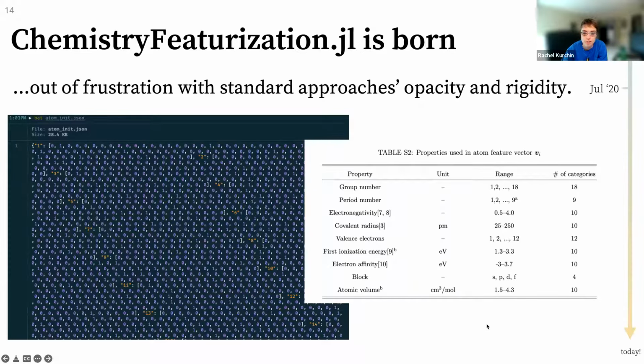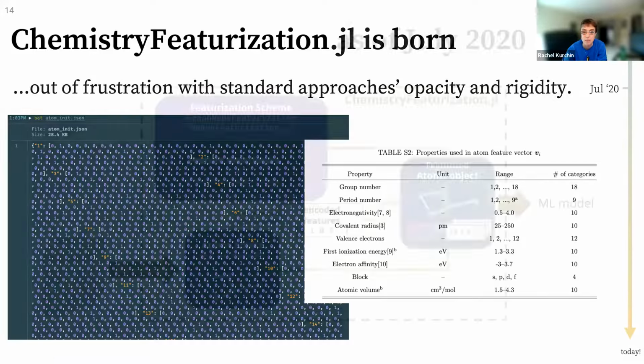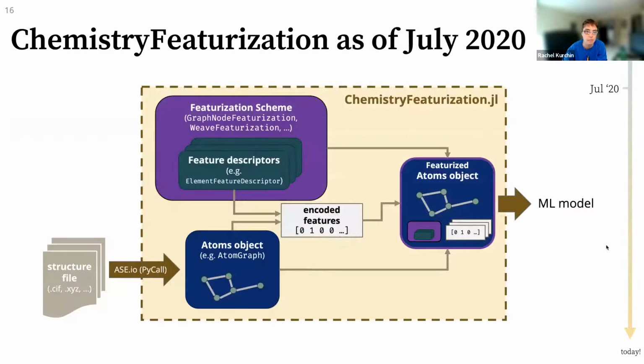And the strength of what chemistry featurization has become, that's actually somewhat different to this all-encompassing model that I showed here. And I'm jumping ahead a little bit, but it's a great question, is that it's actually become more of an interface where you're able to plug in your own functions to compute those things.